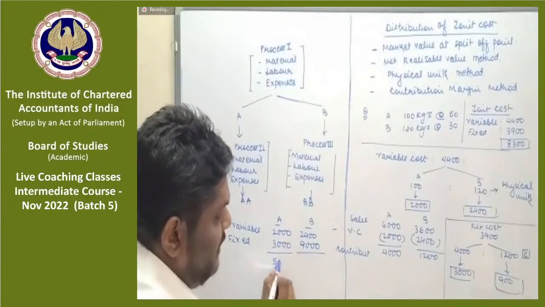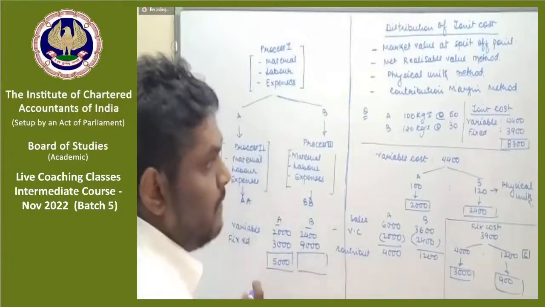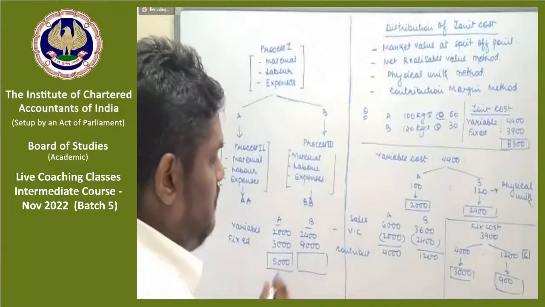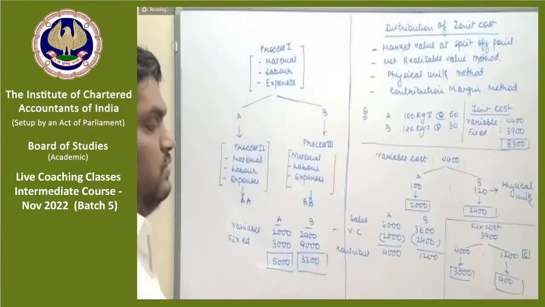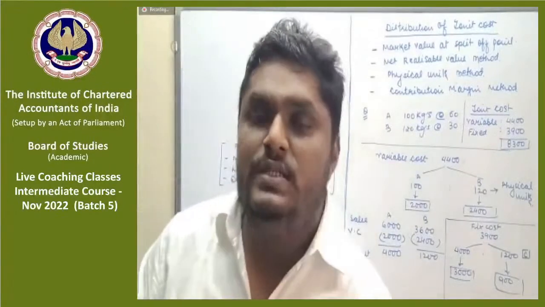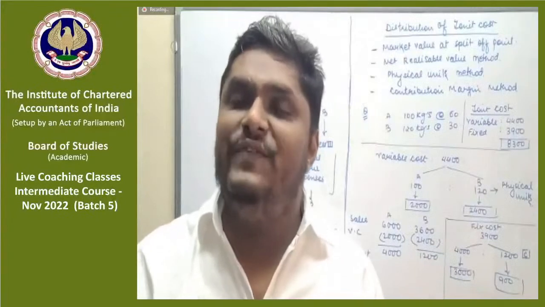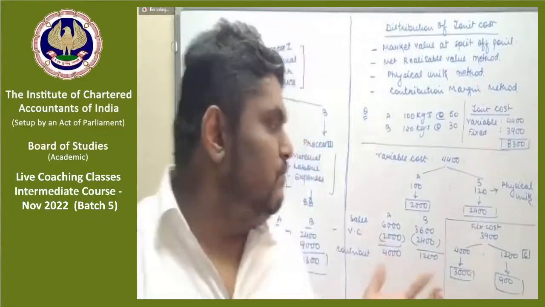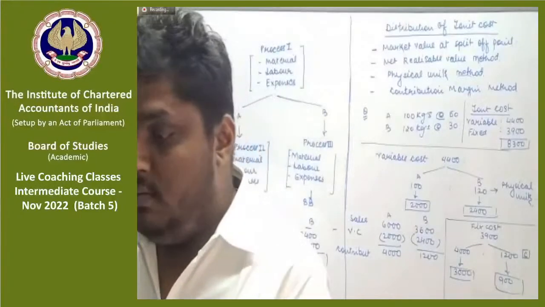So 5,000 is the cost of A and 3,300 is the cost of B. So this is how, if information is given in the question as regards fixed cost and variable cost, this is the way you have to solve the question.